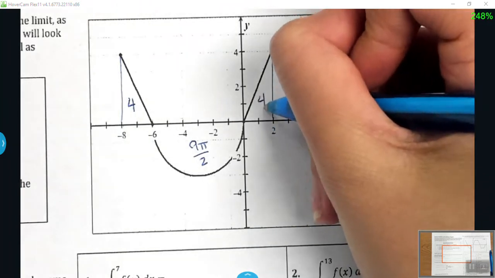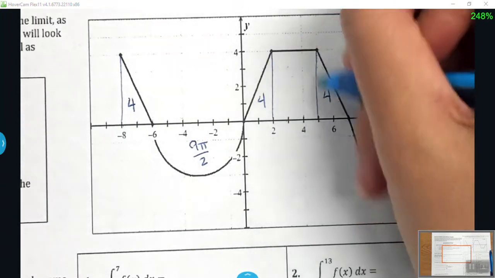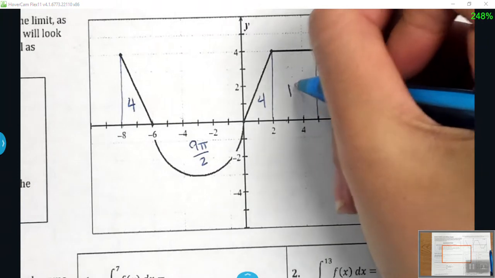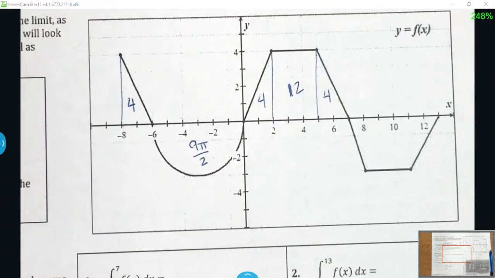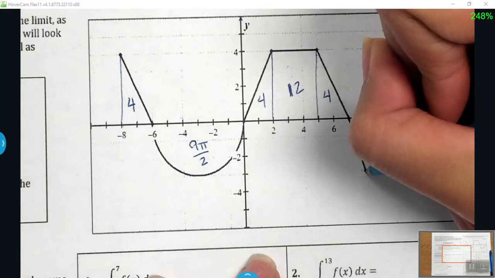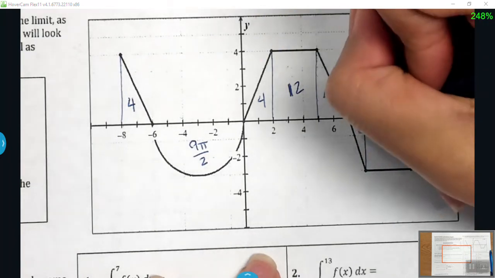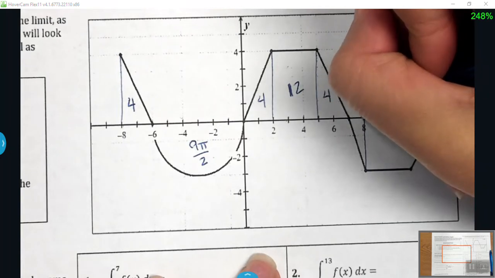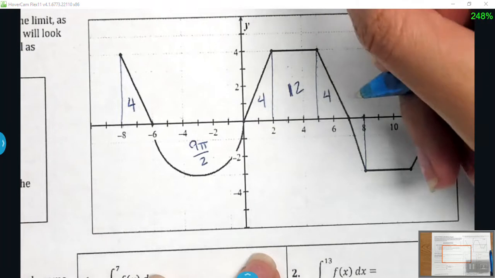So that's 4, and that's 4. That's 12. This little thing is 1, and what is that? 3.